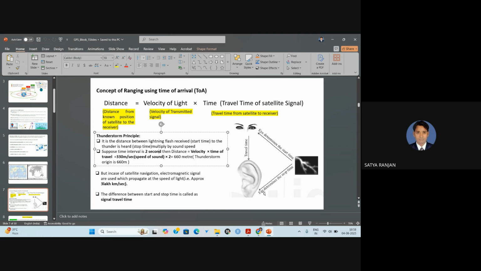So we use this velocity for calculation of the distance measurement. The difference between start and stop time is called the signal travel time. From starting to stop time, that is called the signal travel time.